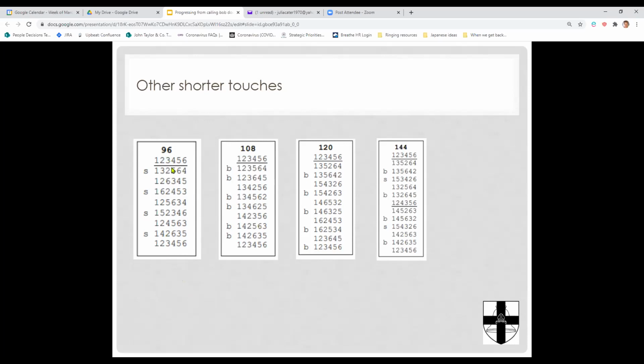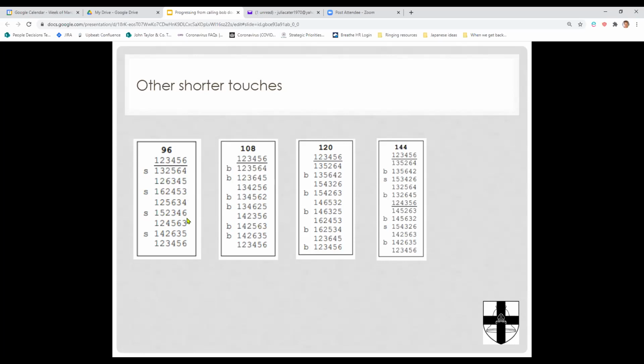So in this one, for example, there's an S at the end of the first row after the rounds. So that basically means you put a single in at the end of the first lead. The next lead hasn't got anything, it's blank, so it's a plain lead. Then a single at the end of the third lead. The fourth lead has nothing, so it's a plain lead.